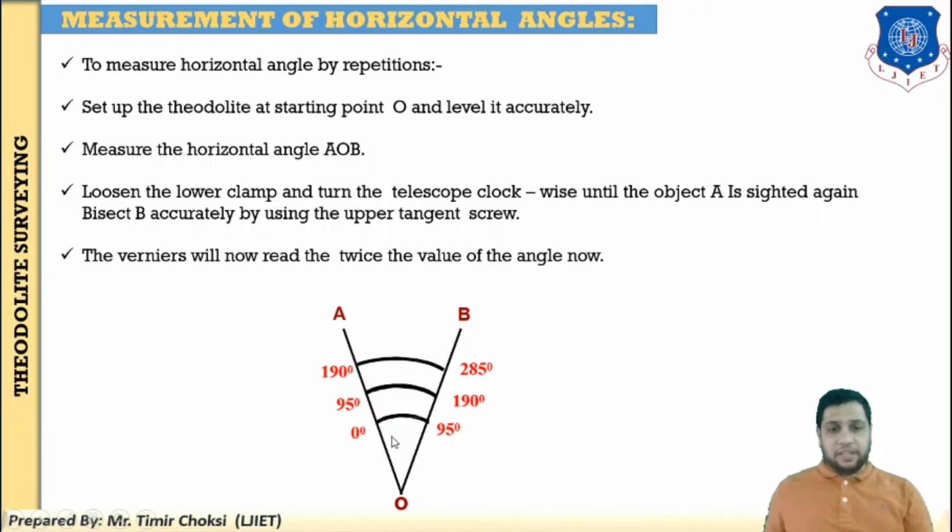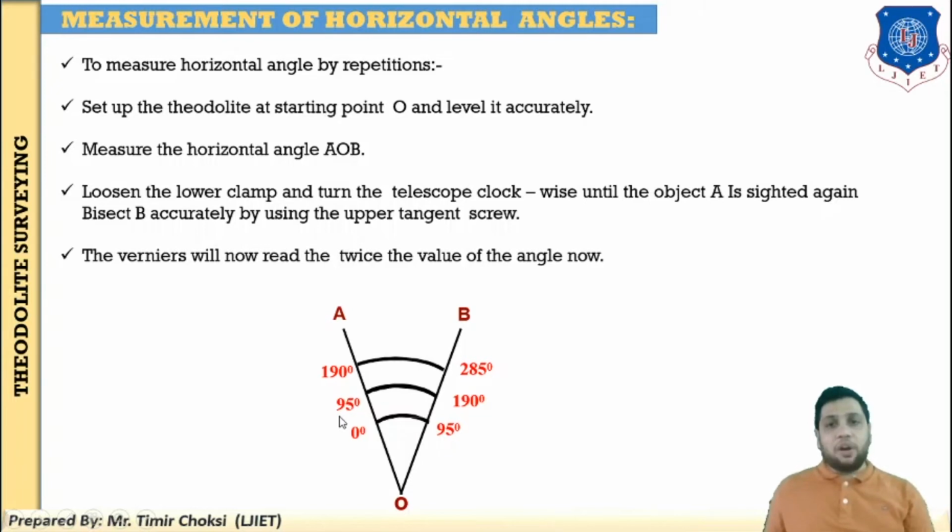Here, first I have set up at station O. First, I have taken the reading 0 degree on vernier A. Now bisect point B and the angle should be 95 degree. These are only example values. So 95 degree. Now I repeat this step.